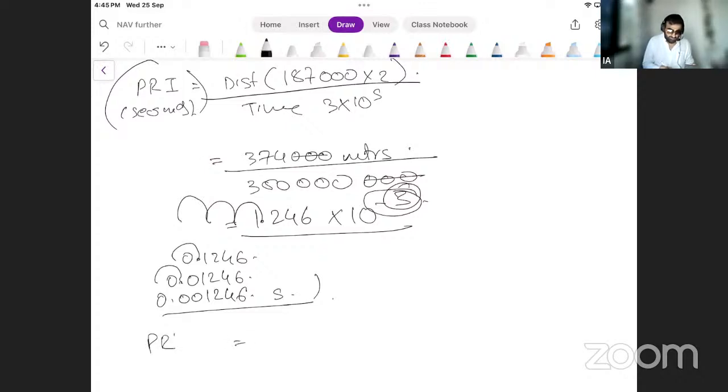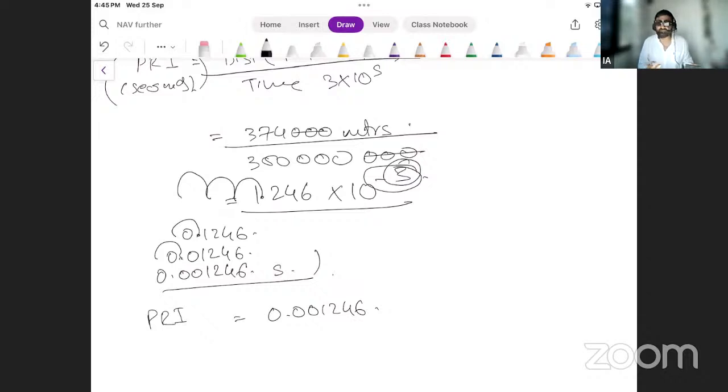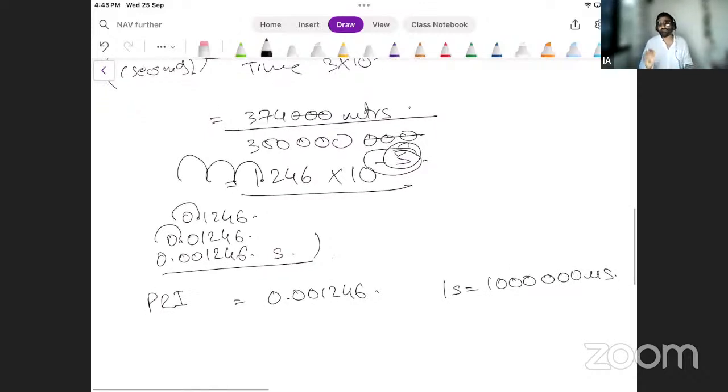Okay. So my PRI in seconds is 0.001246. But the actual unit of PRI is microseconds. I'm just telling you the actual unit of PRI is microseconds. So 1 second is equal to these many microseconds. This is the division of your seconds to microseconds.